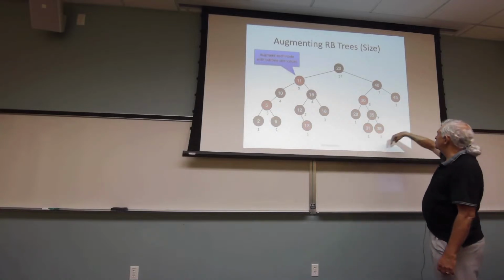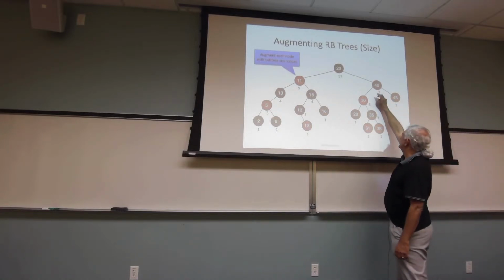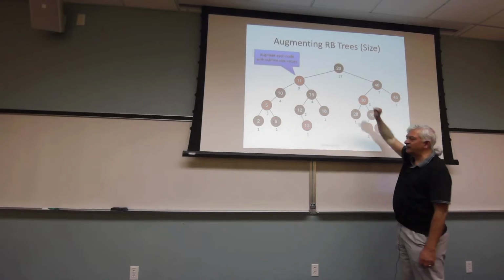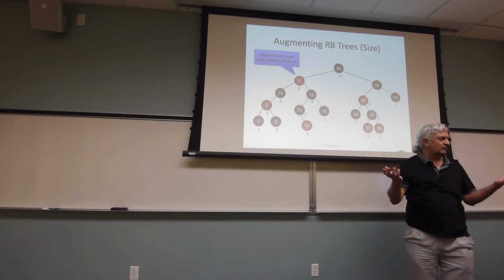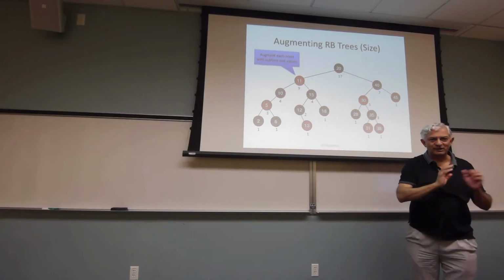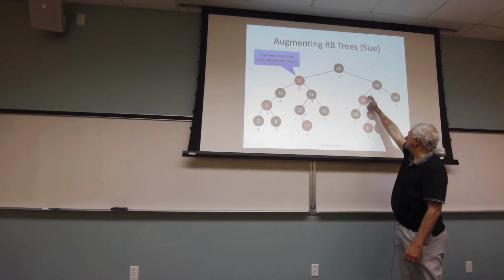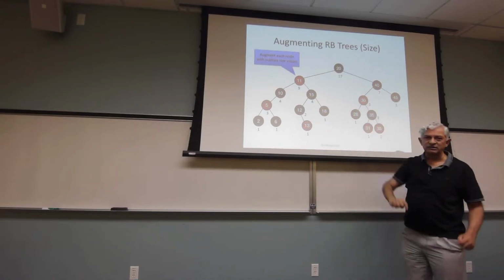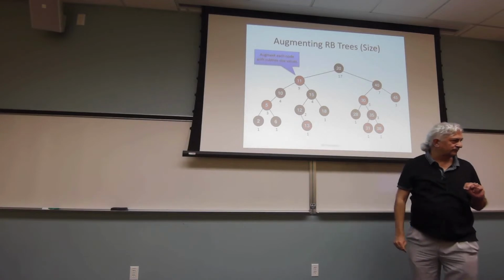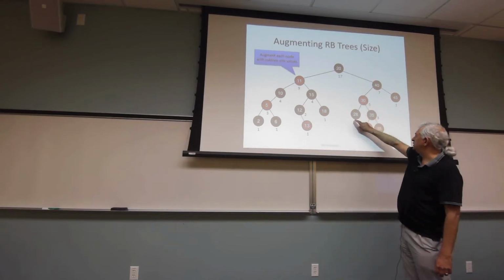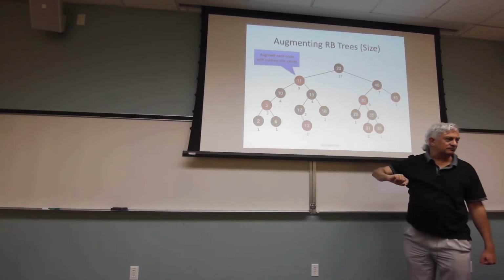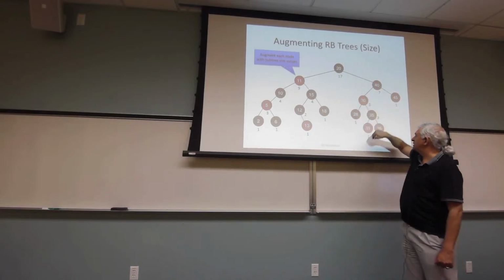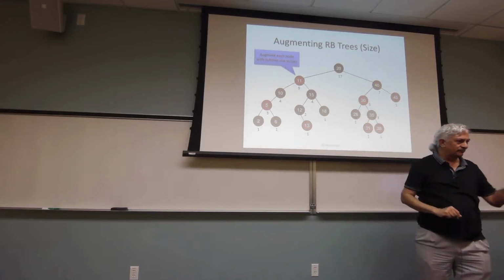If I want the second smallest item, again I start here and it says that there are 5 items in the left subtree, so therefore the second smallest item must be somewhere there. So I restart my search from here and I still want to find the second smallest item. And here it tells me that the left subtree has 1 item, so therefore the root of this subtree has rank what? 2.